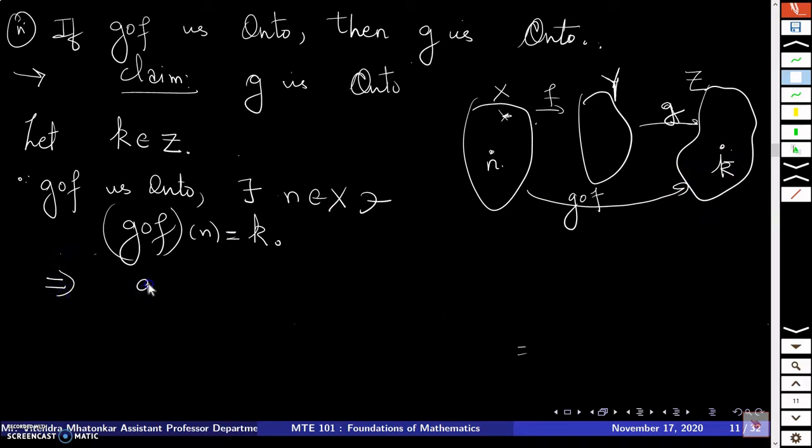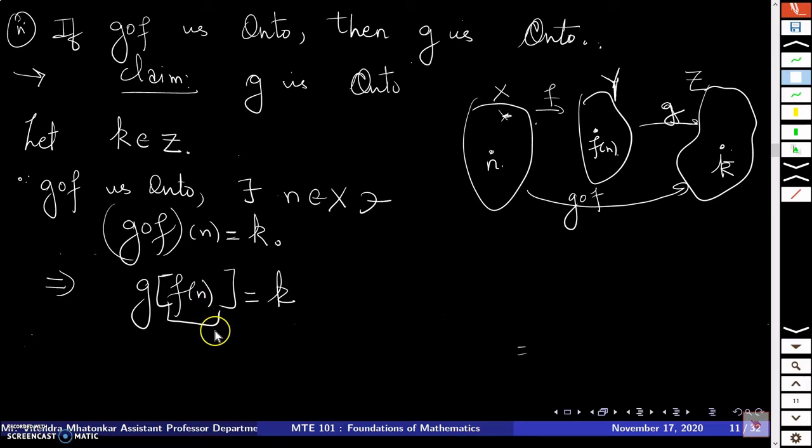This implies, by how g composite f is defined, g of f of n is equal to k. And where is this point f of n? If n is in x, then f of n will be in the codomain of f, so the point f of n is here in y. So given a point k in z, we have found a point f of n in y such that g of f of n is equal to k.